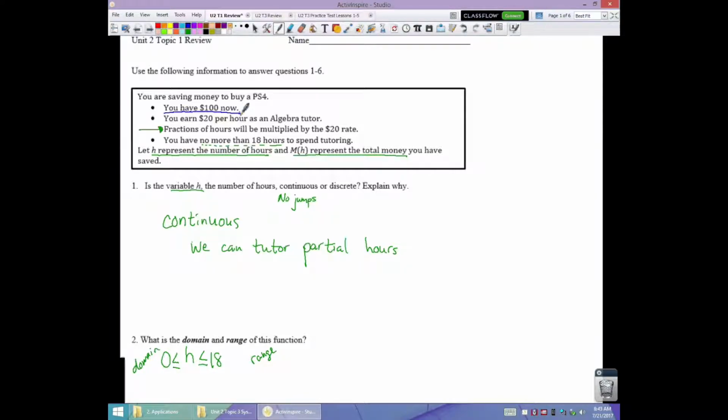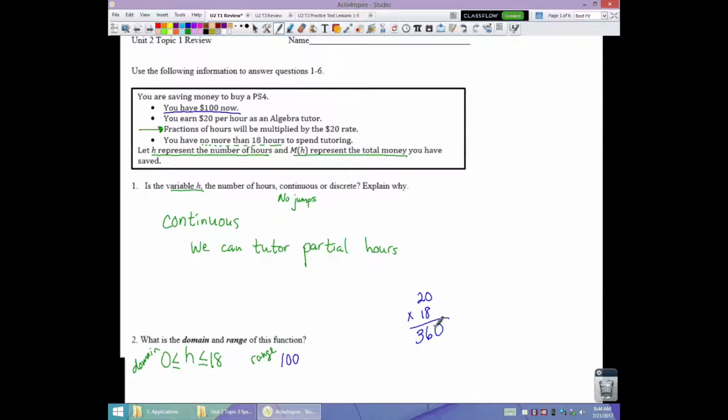So the least amount of money that I could have would be $100. And then the greatest amount would be if I tutored all 18 hours. So if I can make $20 an hour for 18 hours, 20 times 18 is 360.